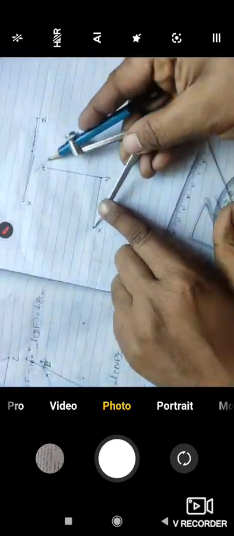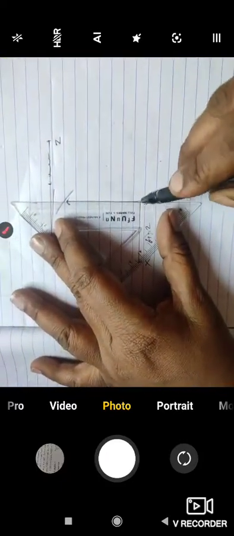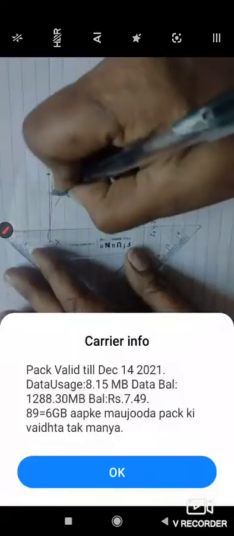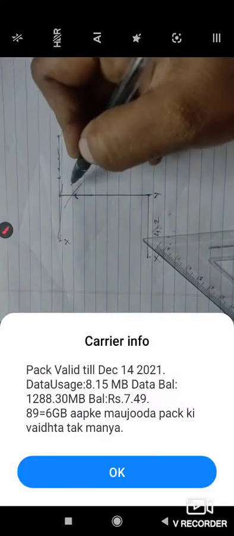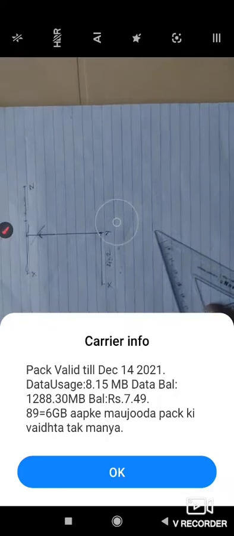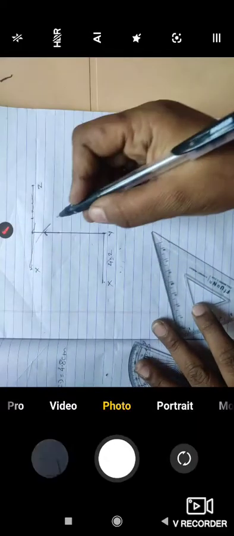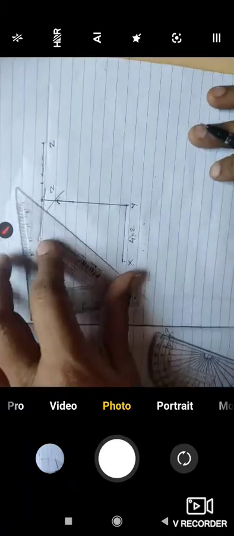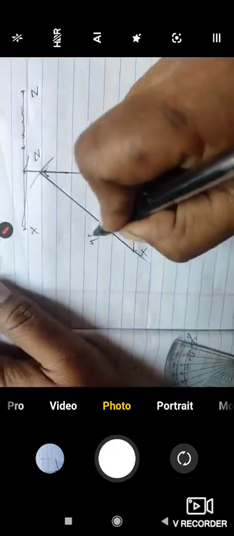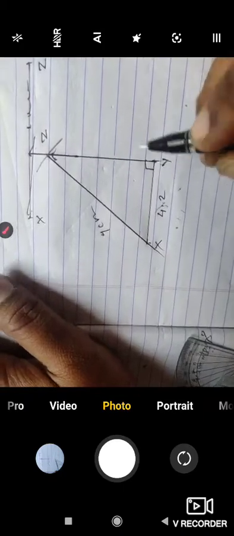Now putting the metal point on X, draw the arc which intersects the ray Y. Extend the line. Here it is my point, that is the Z point. Now you join X and Z. Its measure given to us is 7 centimeter. And this is a right angle. This is the construction of a right angle triangle.